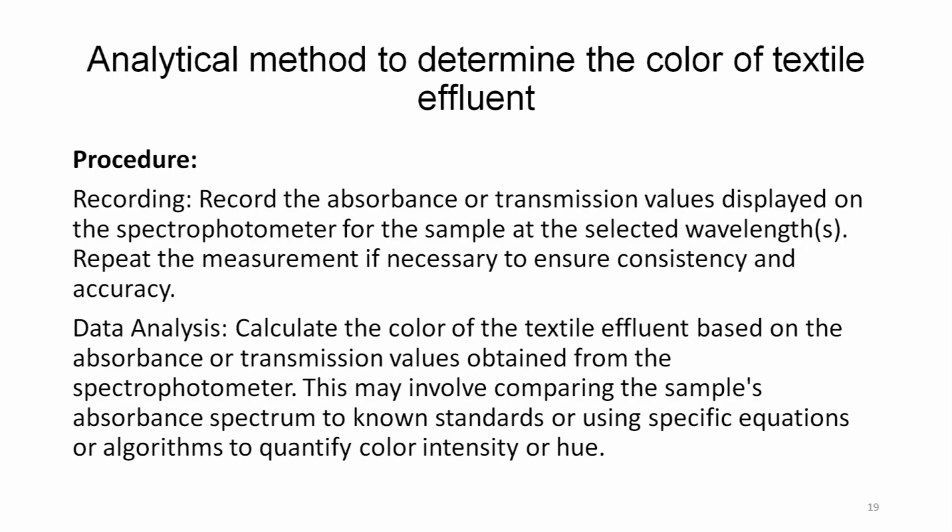Data analysis. Calculate the color of the textile effluent based on the absorbance or transmission values obtained from the spectrophotometer. This may involve comparing the sample's absorbance spectrum to known standards or using specific equation or algorithm to quantify color intensity or hue.